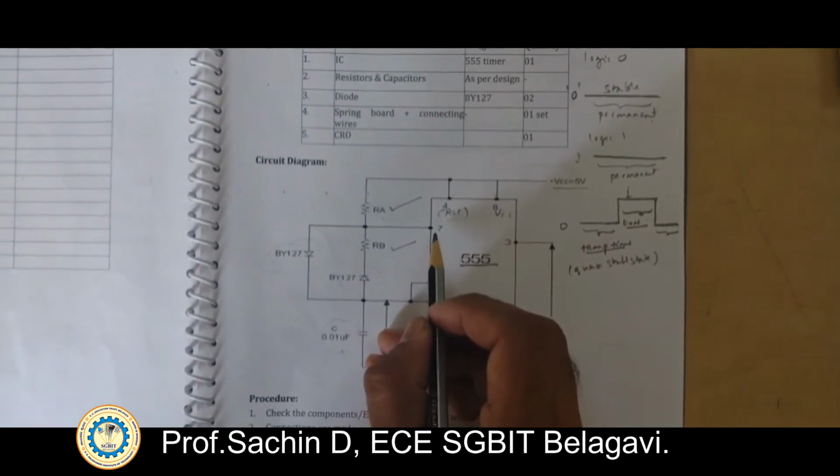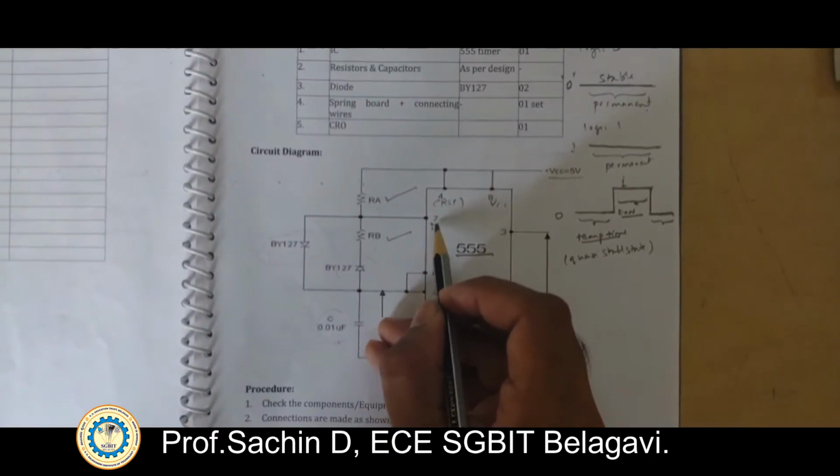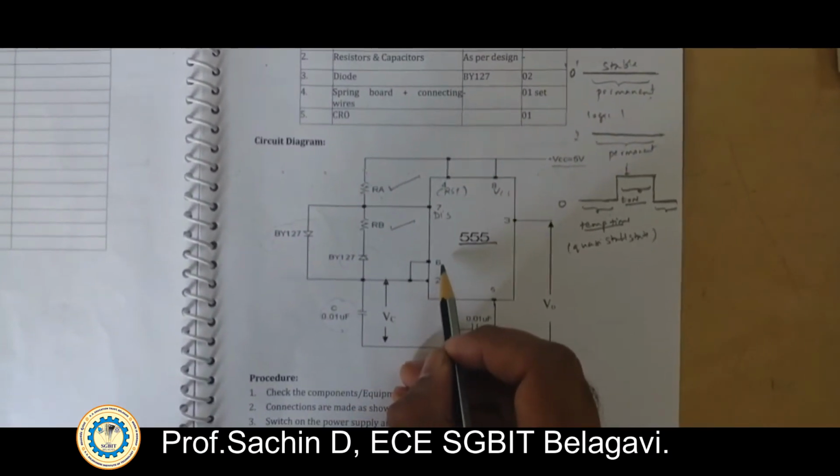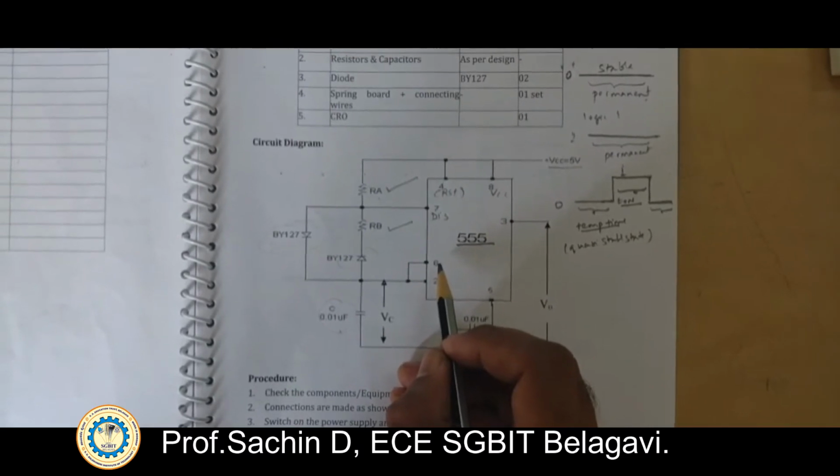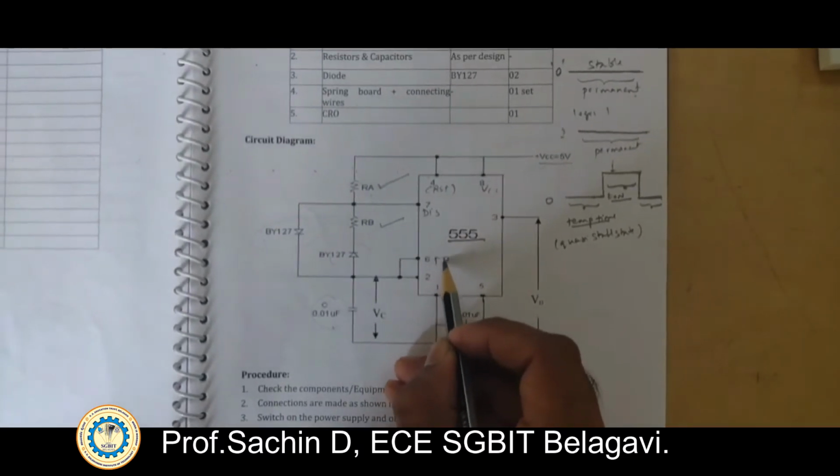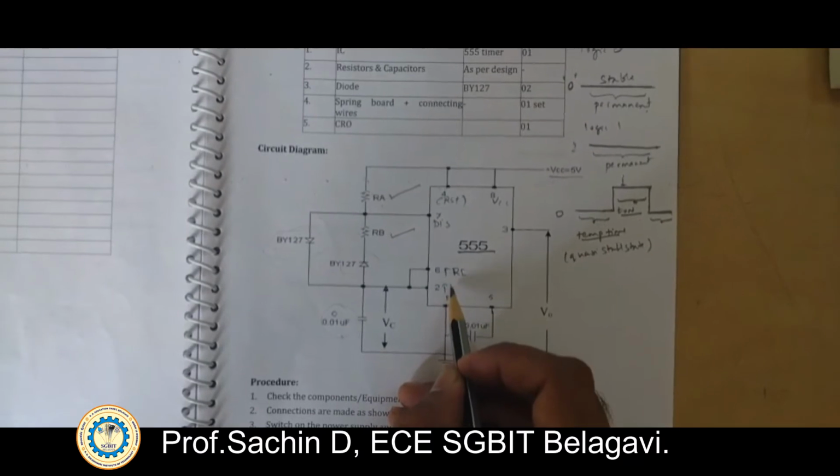Pin number 7 is my discharge pin. Pin number 6 and 2 are shorted, so 6 is my trigger pin, and this is my threshold pin.